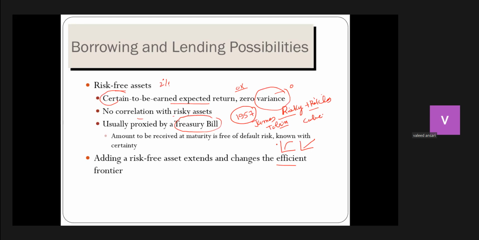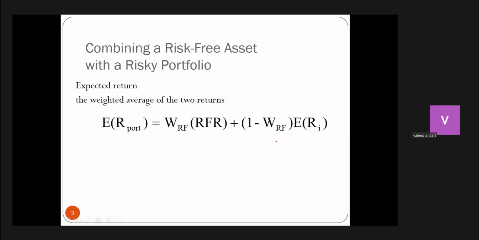So first we will take up the calculation of portfolio return. In portfolio return, there is no change as such. But as far as the portfolio risk calculation is concerned, we find that the curve becomes a linear efficient line. So let us see.